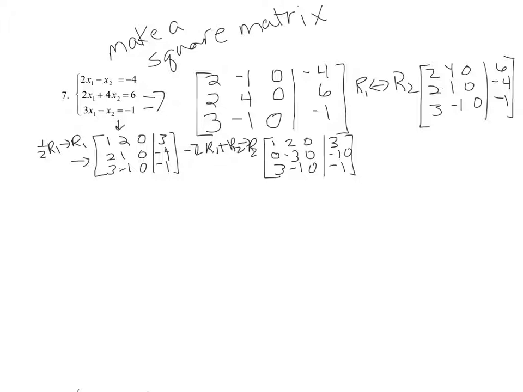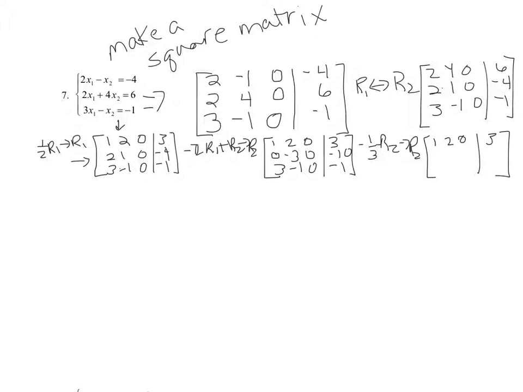All right, what I would like to see happen now is for, in the second row, I want that negative 3 in that second position to become a positive 1. To make that happen, I can multiply a negative 1/3 times row 2. And that will be my new row 2. Okay. 1, 2, 0, 3 on the top row.